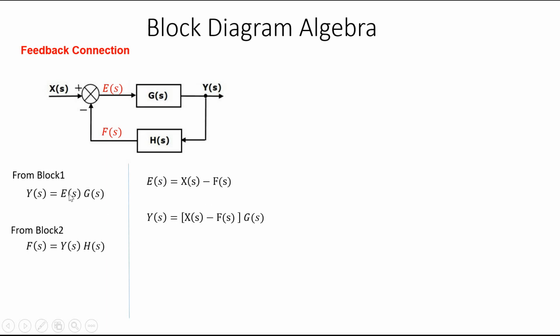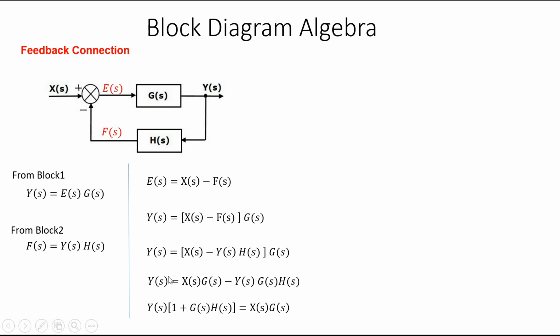So y of s is equal to x of s minus f of s, into g of s. Then we can substitute f of s. f of s is equal to y of s into h of s, so it will become like this. By multiplying we get x of s into g of s minus y of s g of s into h of s, and we can take this to this side, so it becomes y of s into 1 plus g of s into h of s is equal to x of s into g of s.